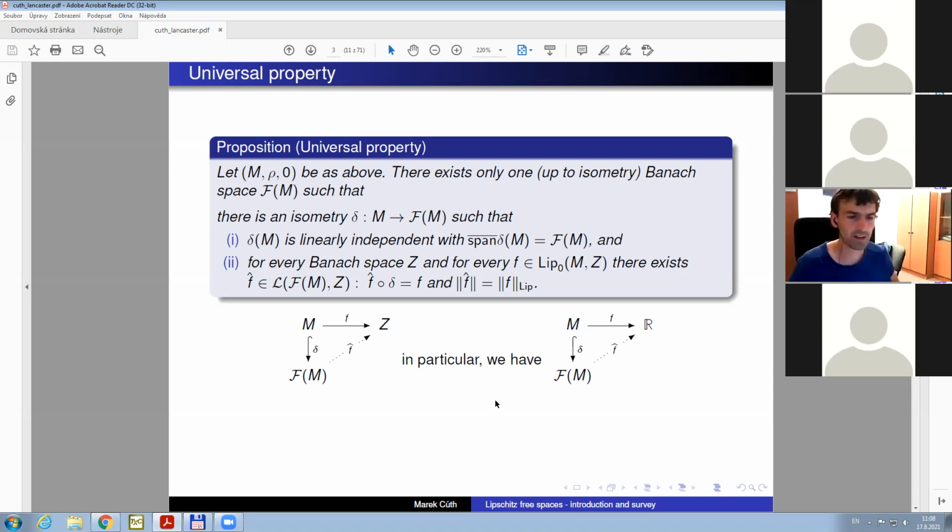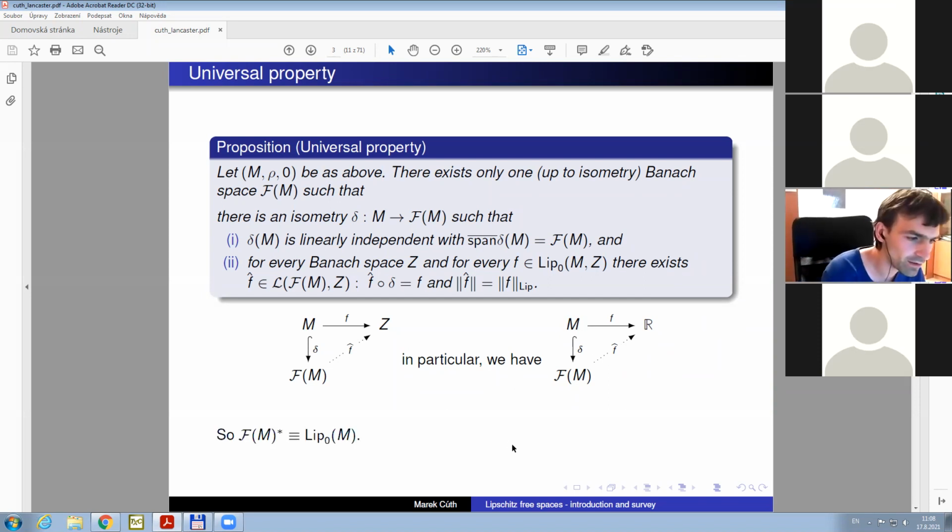So if one carefully writes that down, one reveals that the Lipschitz-free space has dual which is isometric to the space of Lipschitz functions. So the Lipschitz-free space is somehow the canonical predual of the space of Lipschitz functions. It has this special universal property, and moreover, we have some construction by which we can work with those spaces quite effectively, or at least as effectively as possible.